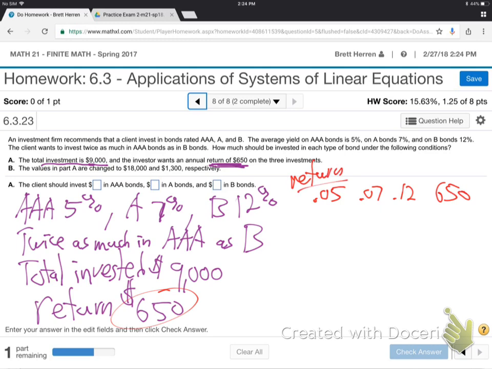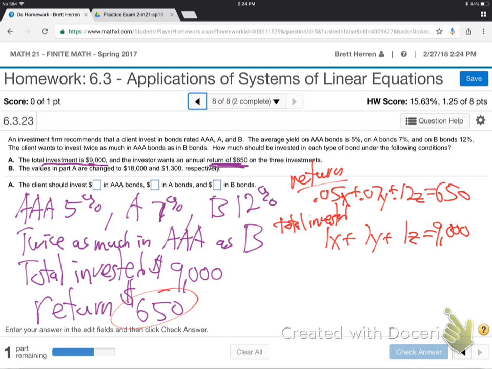The other one is going to be the total invested. That's just going to be 1, 1, 1, and 9,000. You see why that is? Because that's 1x plus 1y plus 1z is 9,000. That's just x plus y plus z is 9,000. The other one is x, y, z, 650.